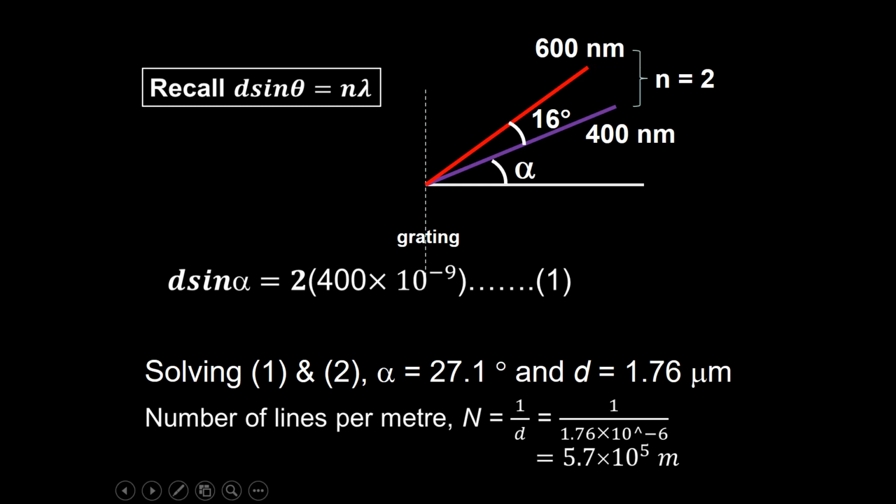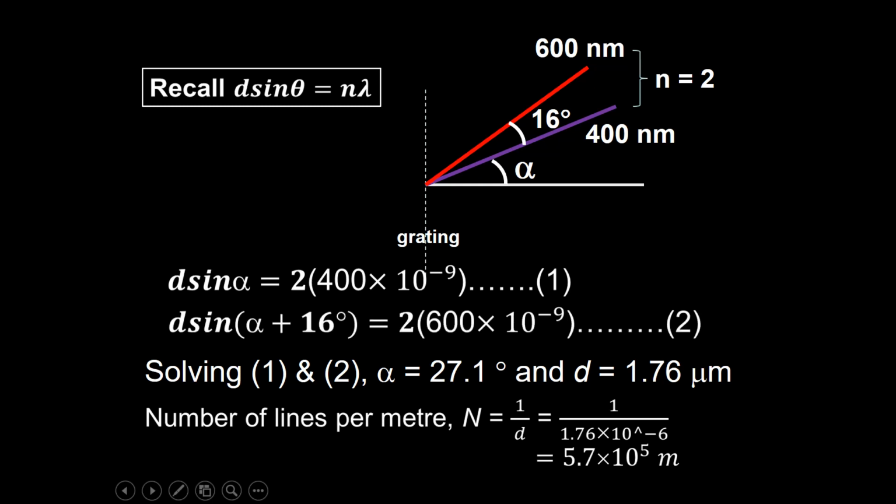I say blue light, but I use a purple. Okay, never mind. 400 nano. So I have d sine alpha equals 2 lambda. So this is my first equation. Second equation, the angle for the red light will be alpha plus 16. So d sine of alpha plus 16 equals 2 lambda.